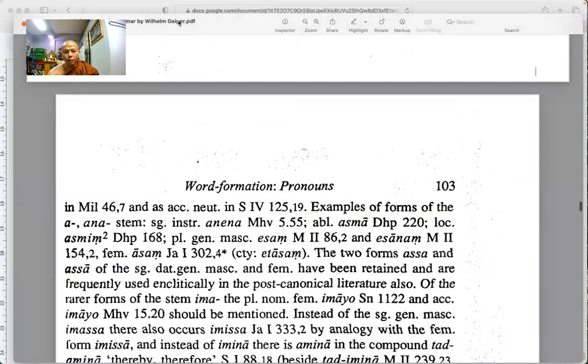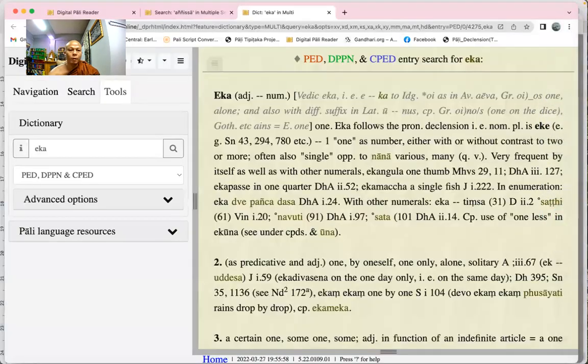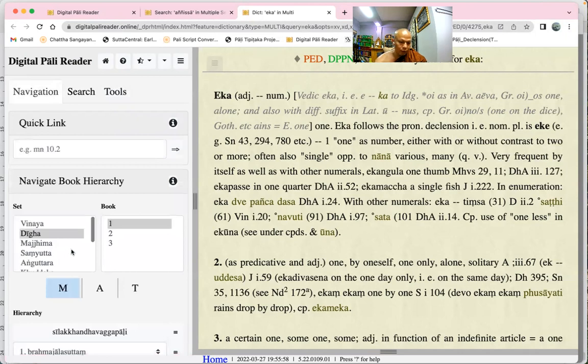Okay, instead of that one, we should go to maybe the traditional grammar, the Badaruba Seti.